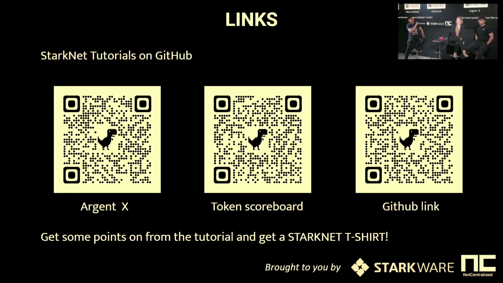Then if you go to the GitHub link, you will see a tutorial where you have to interact with contracts on the Explorer, which is called Voyager. Then you can have worthless ERC20 tokens, which you need to show us tomorrow, and you will get your StarkNet T-shirts. Or tomorrow, or when you can.